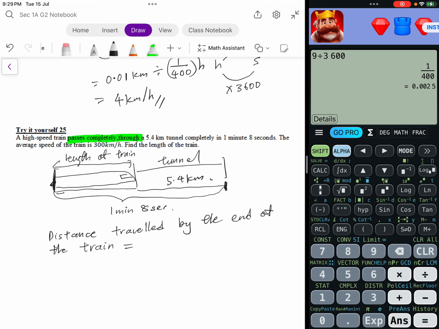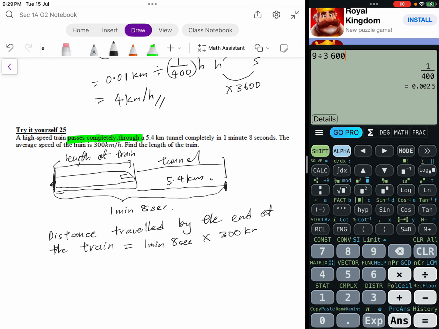So 1 minute 8 seconds multiplied by 300 kilometers per hour.